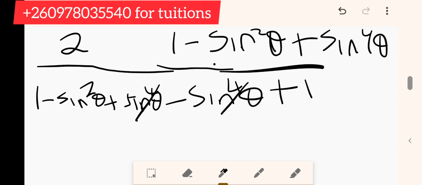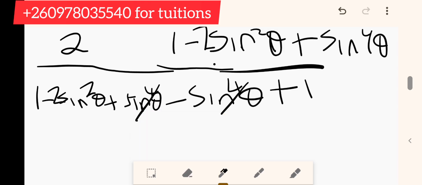Then what we can see is this again. We're seeing that there is 1 plus 1 there. I think we forgot to put a 2 here, so put a 2 here. There was a 2 there.